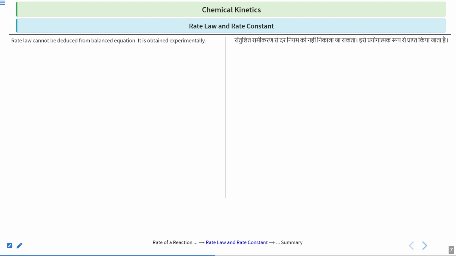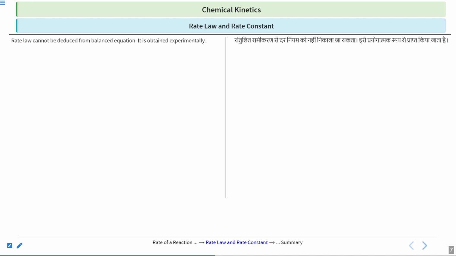Next. As I have told you, this alpha and beta, which we saw in the previous slide, were the powers to which the reactants were raised. It was said that they can or cannot be equal to the stoichiometric coefficient. So keeping that in mind, we cannot deduce the rate law from the balanced equation.